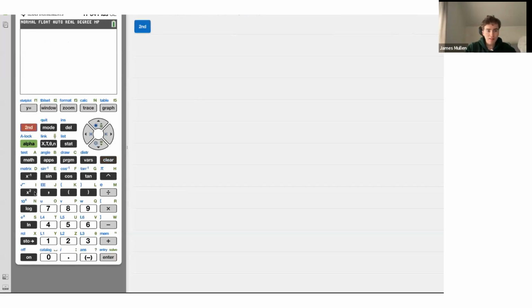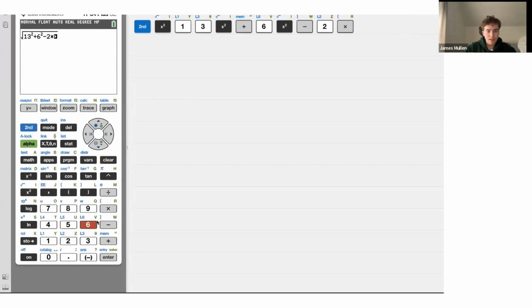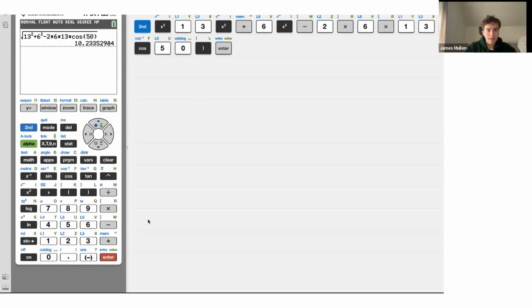I'm going to go second, enter a square root. And I said I had 13 squared plus 6 squared minus 2 times 6 times 13 times cosine of 50 degrees. What do I get? I get 10.2. So let's go back.